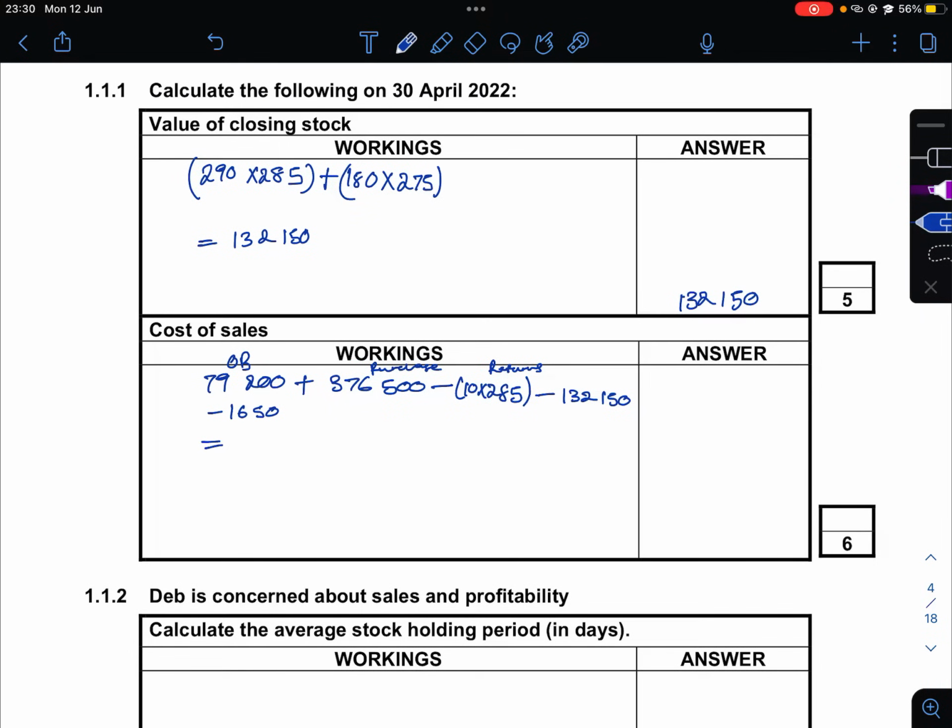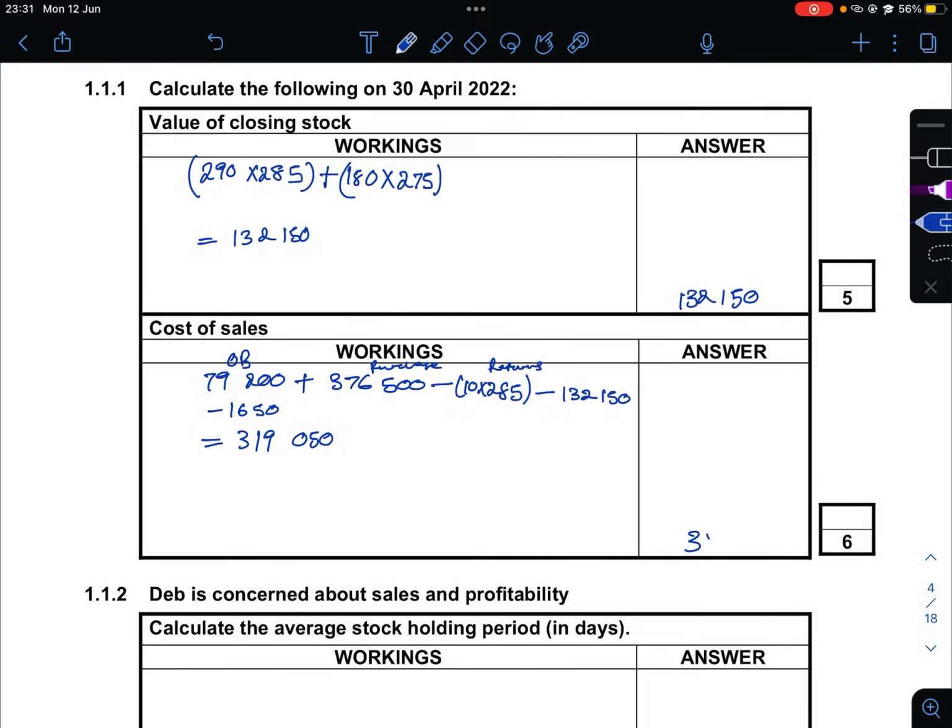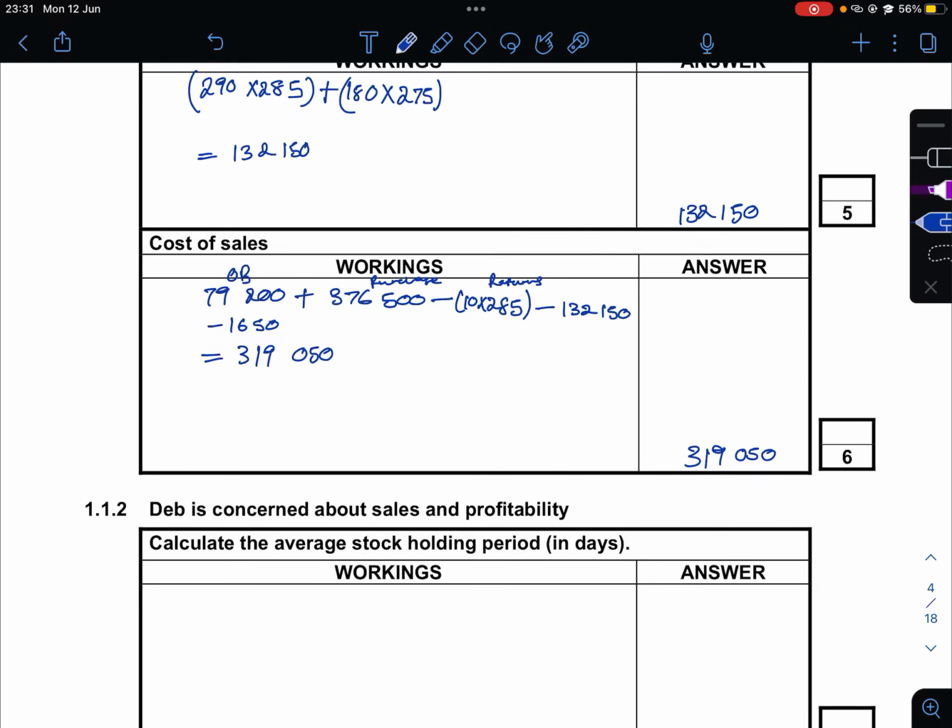Calculating all of these: 79,200 plus 376,500 minus 10 times 285 minus 132,150, and lastly minus 1,650. My answer is 319,050. Those are your cost of sales, full 6 marks.